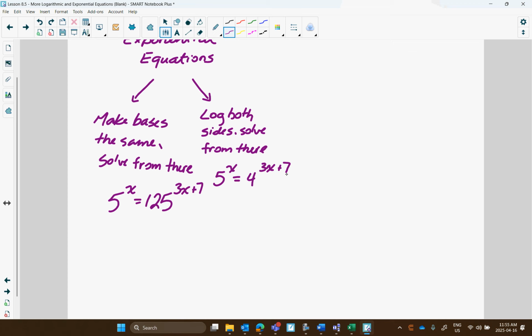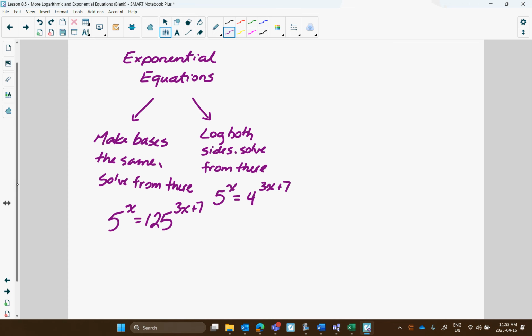Log equations, which we did Monday. Again, there's 2 types. One type is when all the terms are logs.